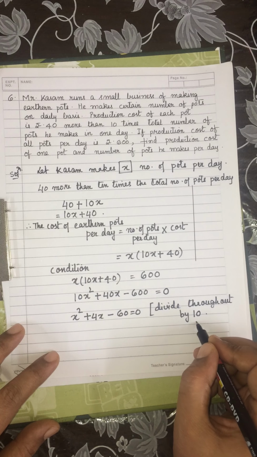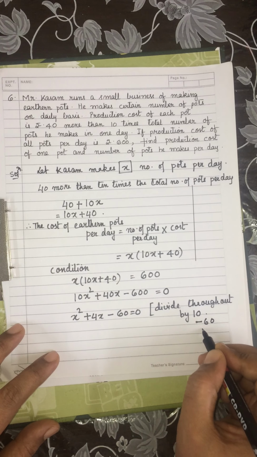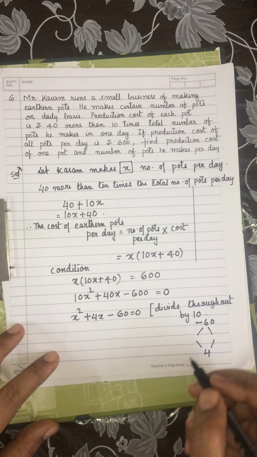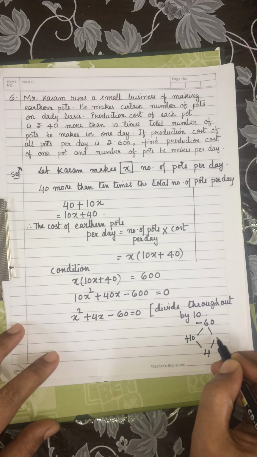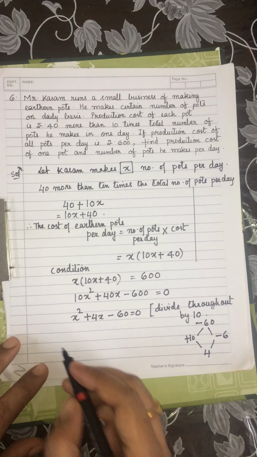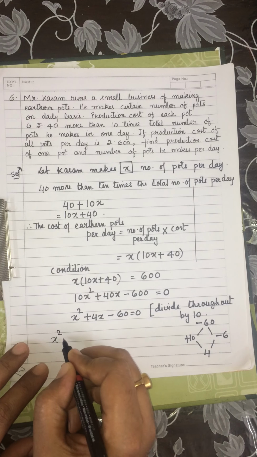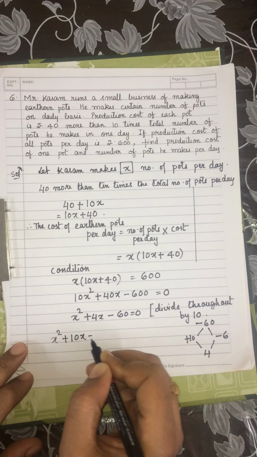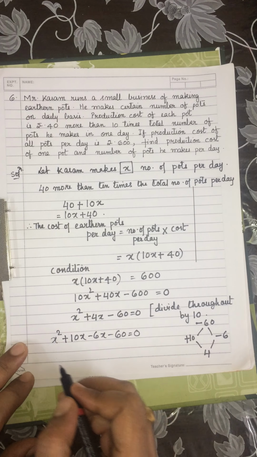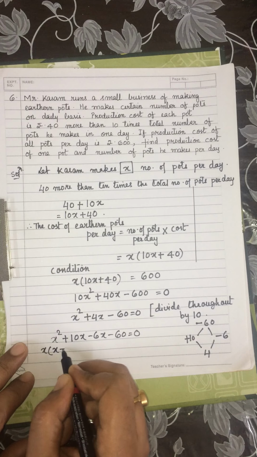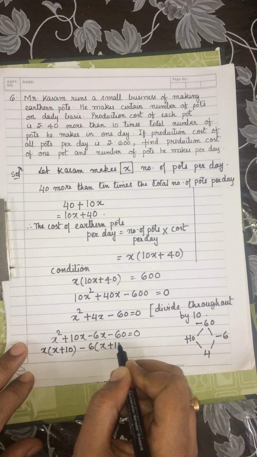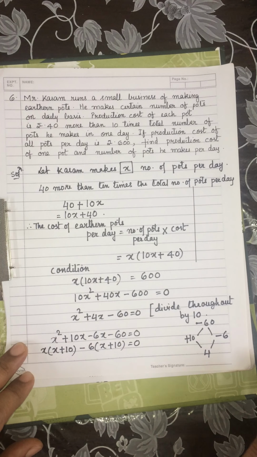So what do you get now? Split it up, children. Minus 60 and you have 4. So it will be plus 10 and minus 6. When added up plus 4, when multiplied minus 60. So x square plus 10x minus 6x minus 60 is equal to 0. Take x common, x plus 10, and here minus 6 common, x plus 10 is equal to 0.